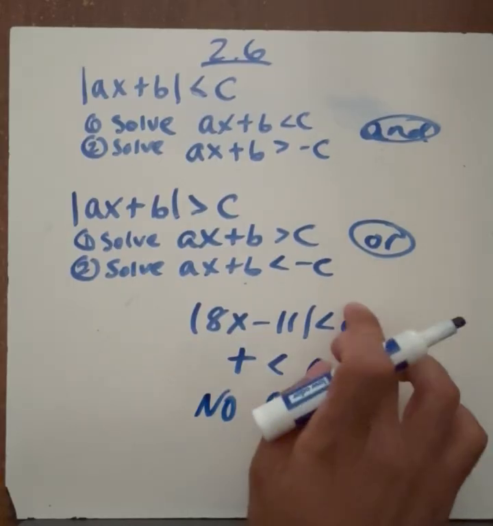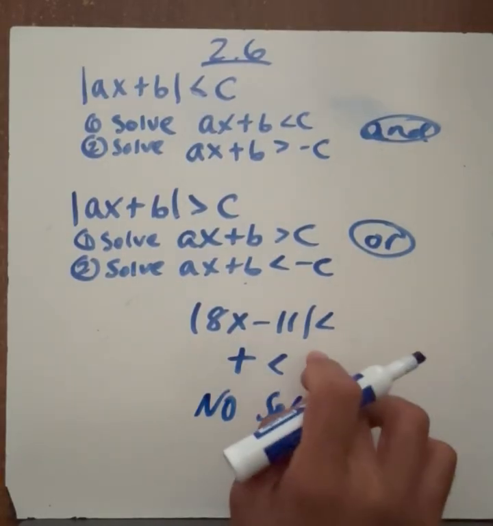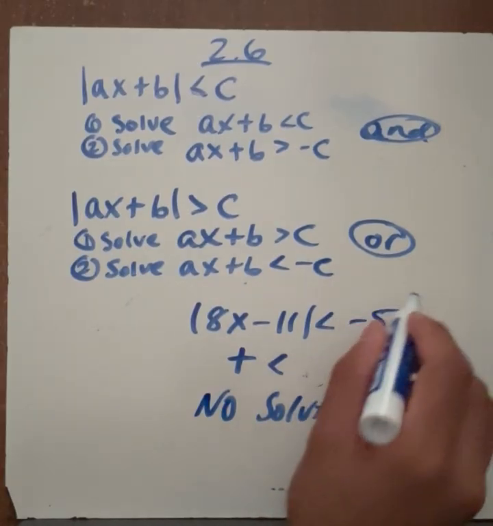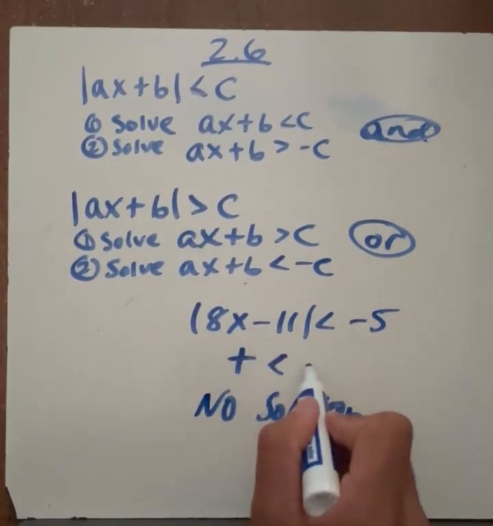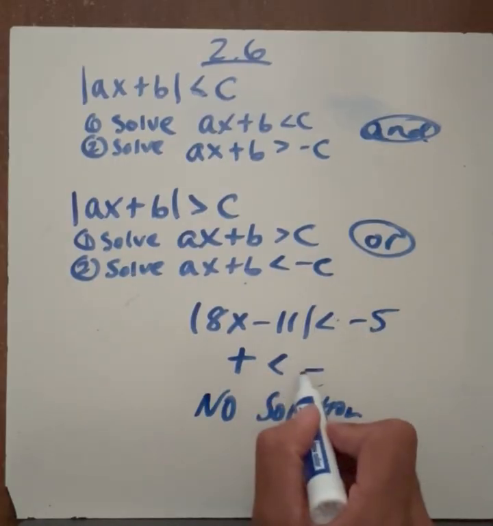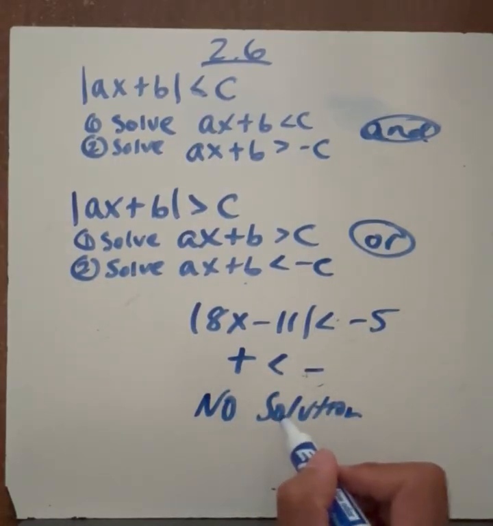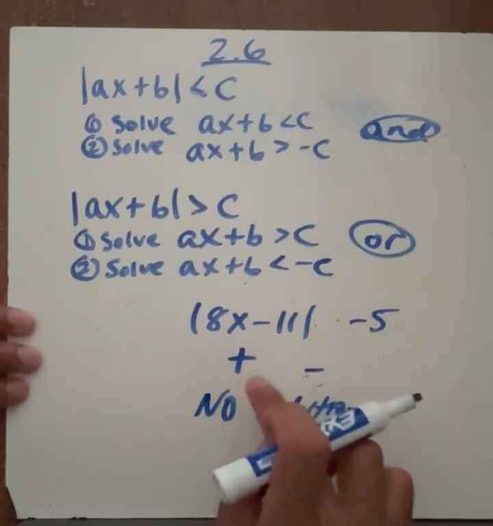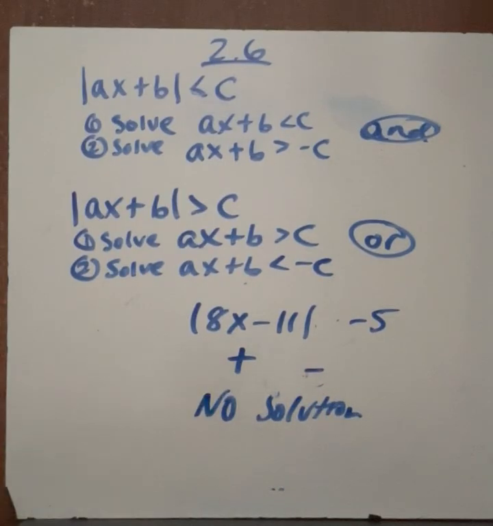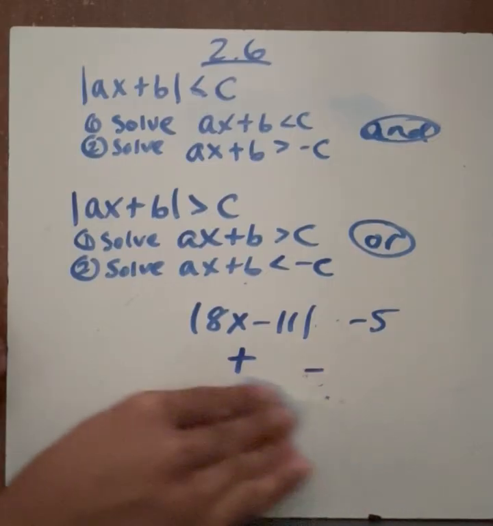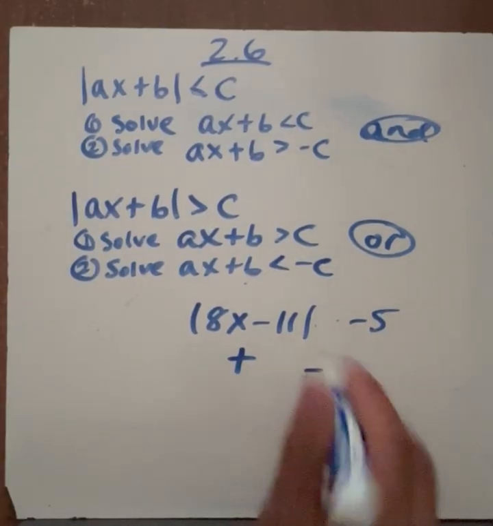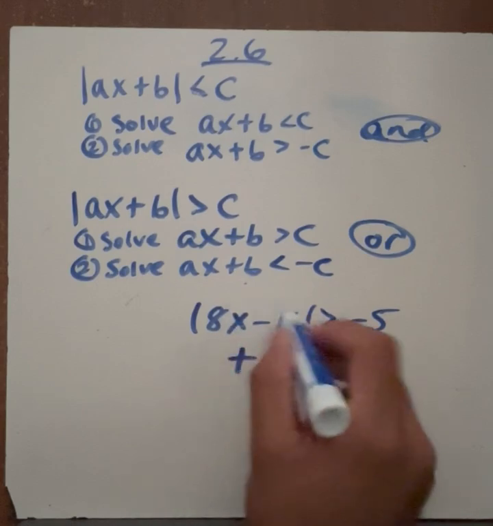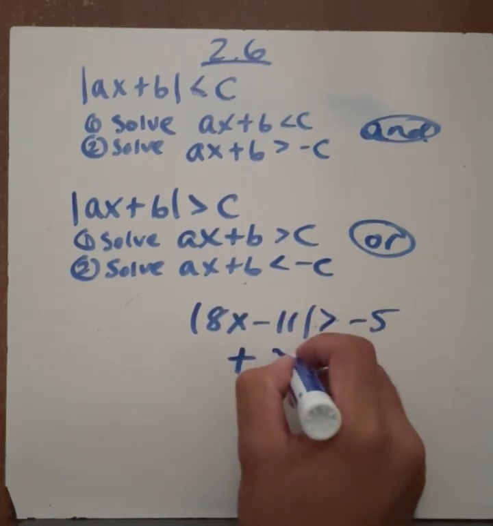This would be equally true if it said less than negative 5, right? So we know that positive numbers will never be less than a negative number, so there's no solution. Okay, if it was like this, on the other hand, where the sign was facing towards the absolute value, we know that positive would always be greater than a negative number.